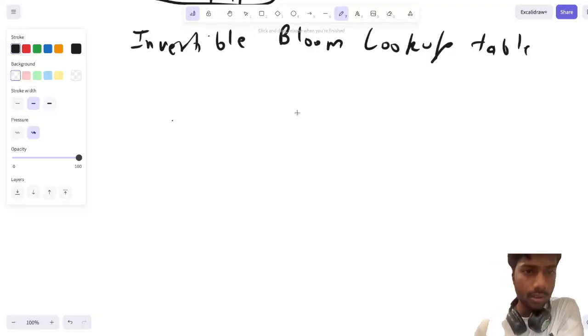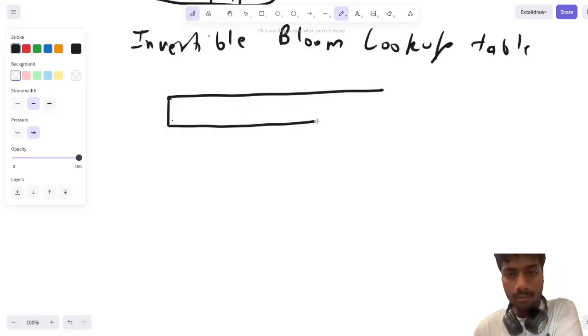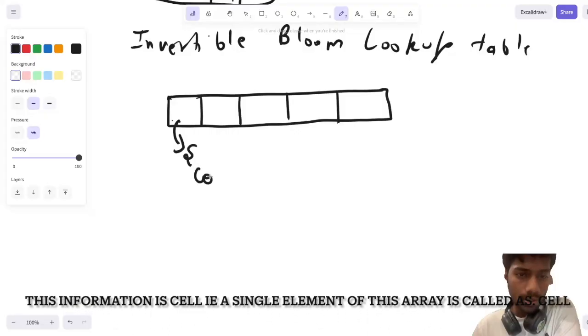Okay, so IBLT is also an array, but it neither consists of some single fingerprint nor a single bit. Each index of this array consists of some information, which is a count and a key sum.